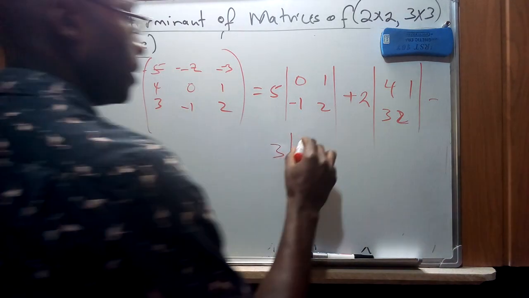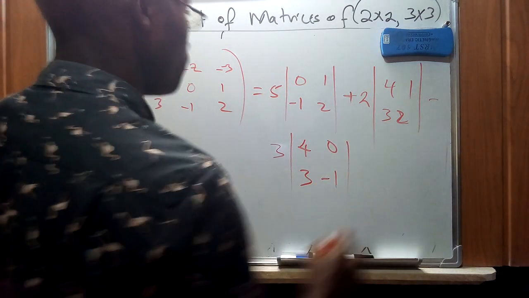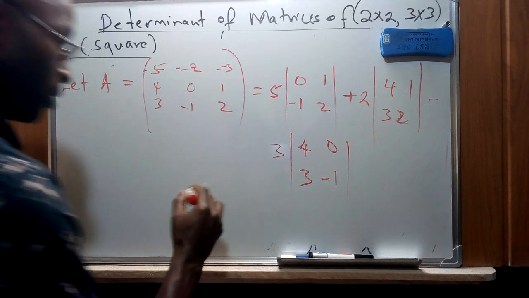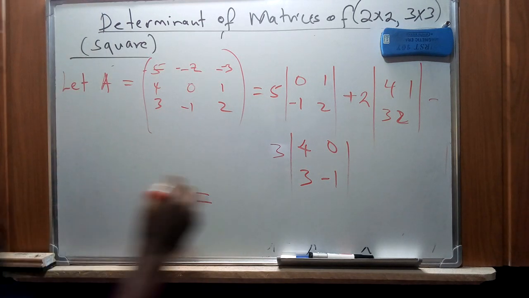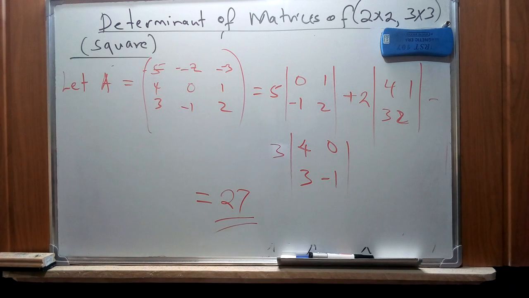And then I have the determinant for 4, 0, and then 3, negative 1. So basically I've applied the rule that I've written for finding a determinant of a 3 by 3 matrix. And then this one is going to give me 27, which is a scalar, of course, as we had determined for the first one for a 2 by 2 matrix.